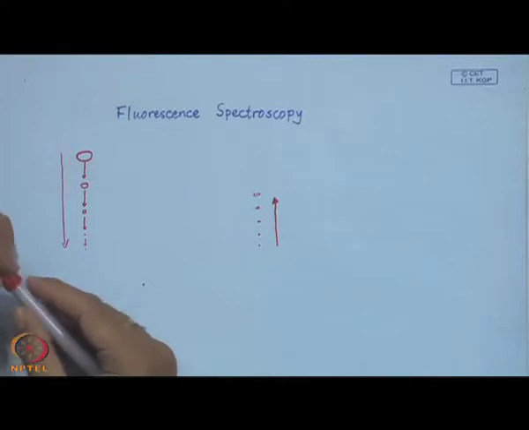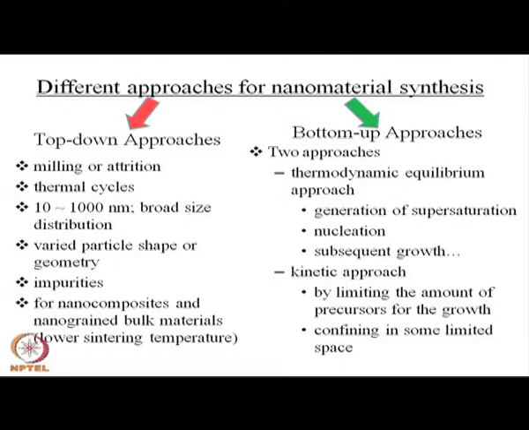So, two approaches are there. One is the thermodynamic equilibrium approach, which involves the generation of supersaturation, then nucleation, then subsequent growth. These are the three important things. So, the first approach is the thermodynamic equilibrium approach, and the second approach is the kinetic approach.